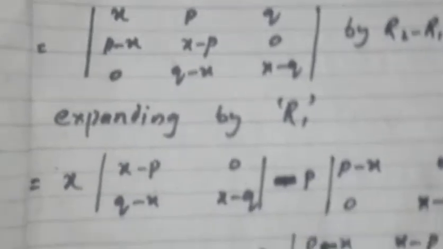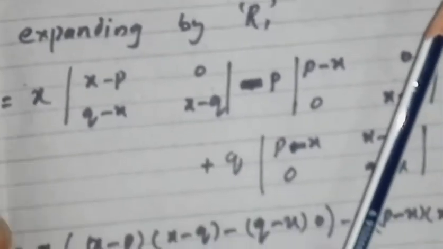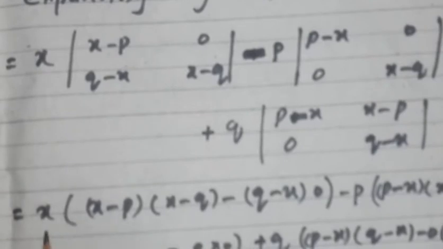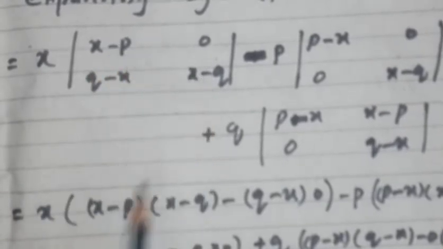X, minus P with minor 0, Q minus X, X minus Q, minus P, cancel these two, here we get P minus X, 0 0, X minus Q, and plus Q, cancel these two, we get P minus X, X minus P, 0, Q minus X. Now look here, X minus P into X minus Q minus X into 0, so this will become 0.